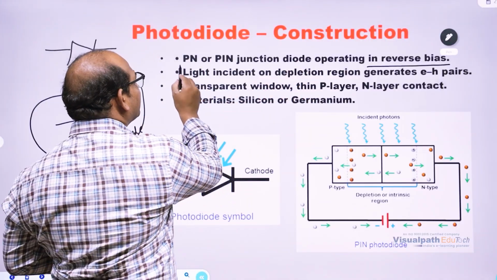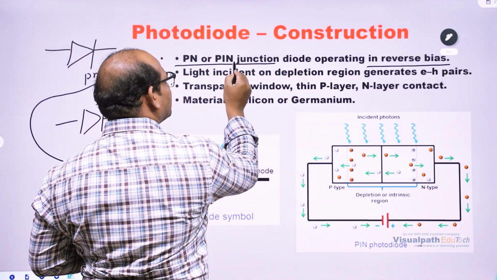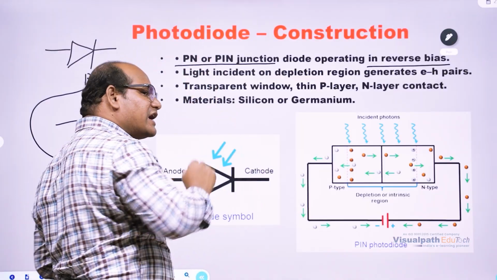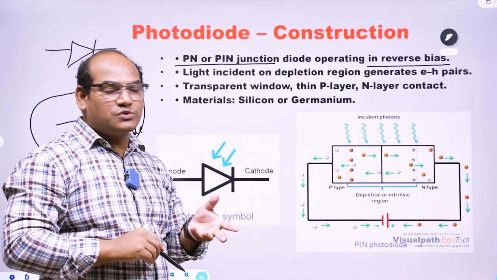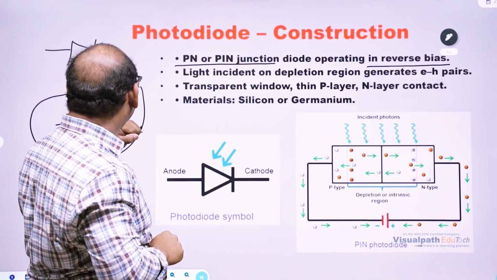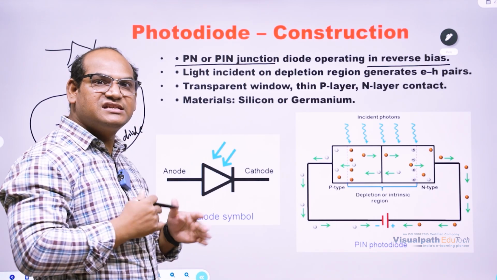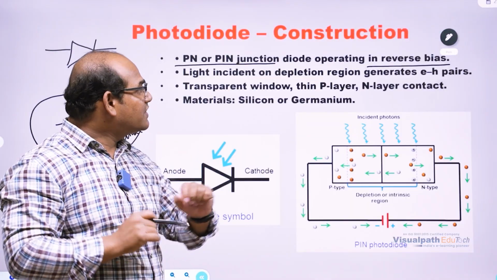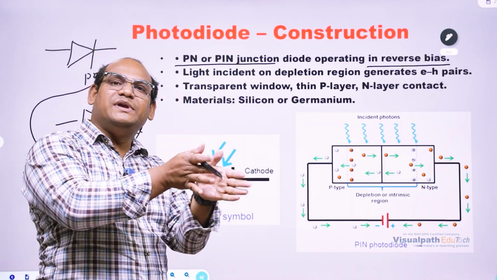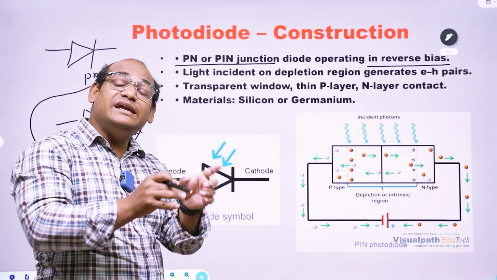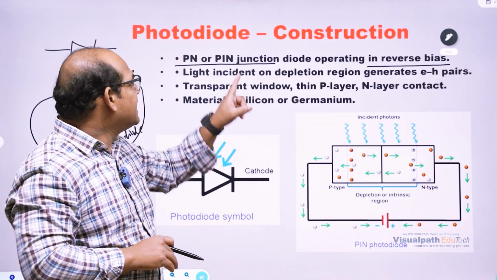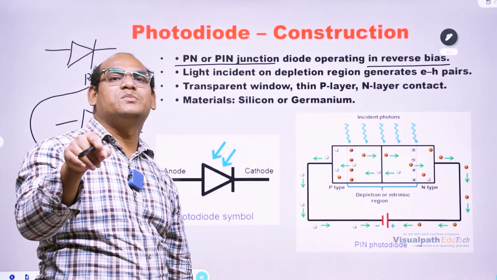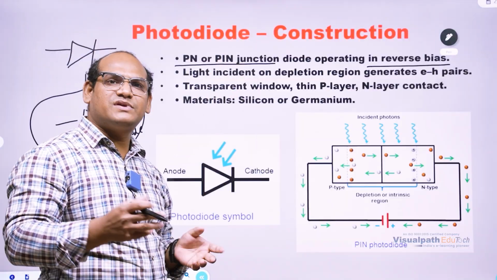What about this PN, that means PIN, junction? The photodiode can have PN layers only, like the PN junction diode: one P layer, one N layer. Otherwise, the PIN model has a P layer, beside that an intrinsic semiconductor. This I stands for intrinsic semiconductor and N stands for N-type layer.